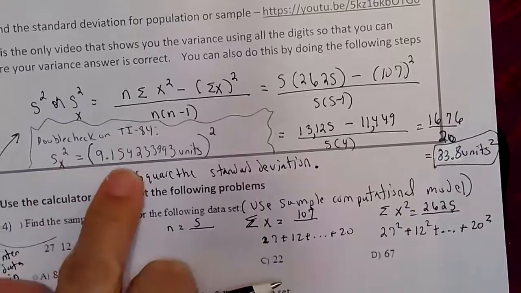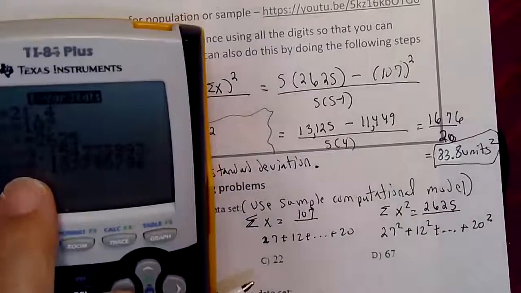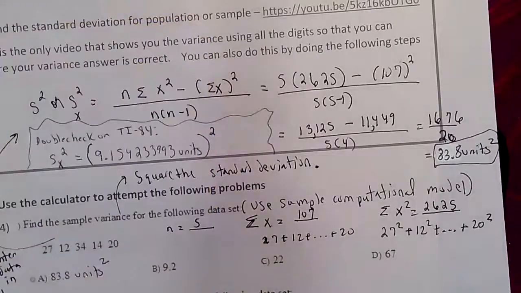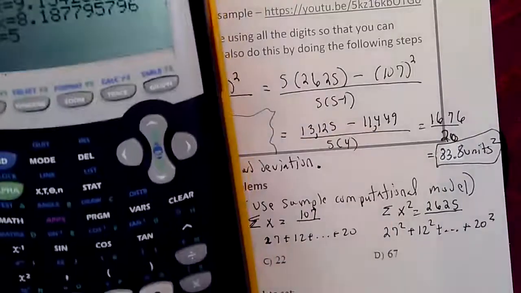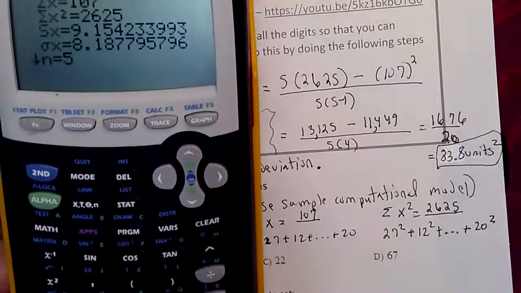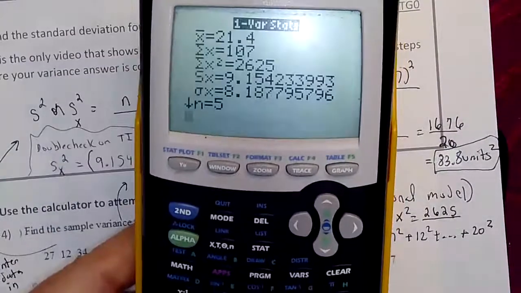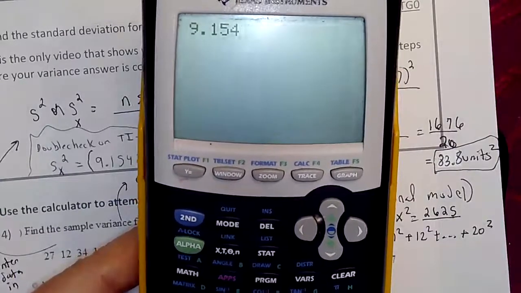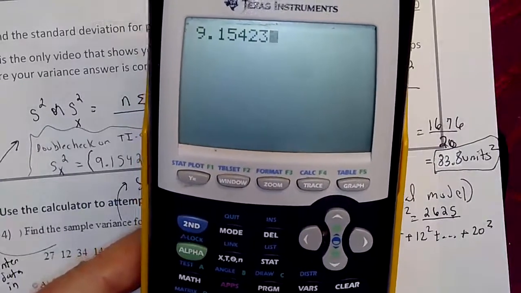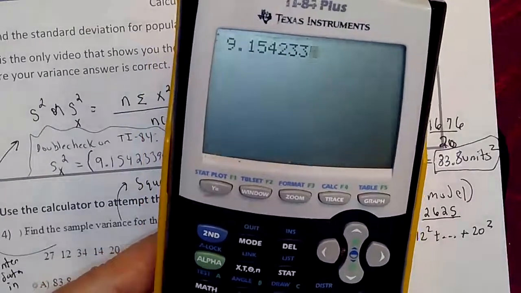I'm taking S of x and then I'm going to square it. Okay, so then when I do that, I have to type all that in: 9.154233993.